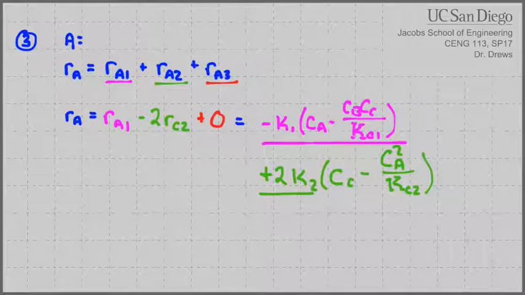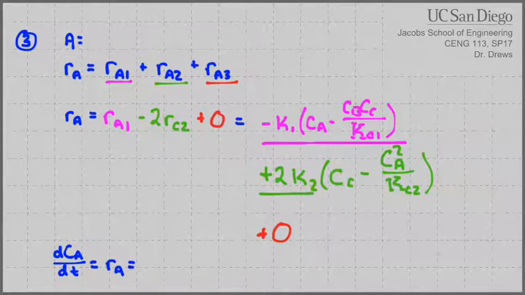Right, so we have all of that and then plus 0, obviously. There is no 0 term. And that's it. That's the full rate for A. If we want to write the differential equation for A, the differential equation for A just looks like dCA dt is equal to the rate of A, which is equal to the rate of A in 1 plus the rate of A in 2 plus the rate of A in 3.